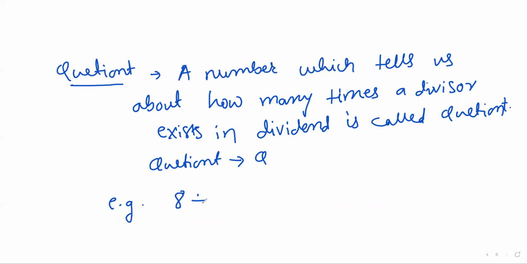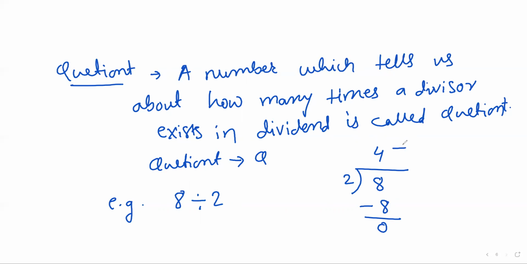For example, 8 divided by 2. Now, how many times this dividend contains this divisor? As we know that 2 4s are 8, so 8 minus 8 is 0. This divisor exists 4 times in dividend.